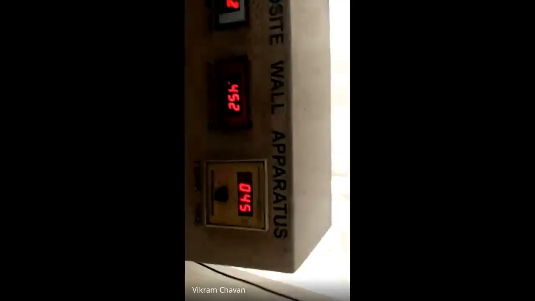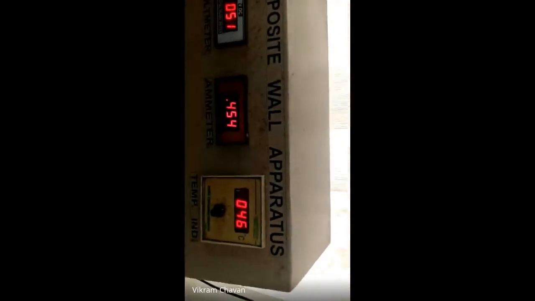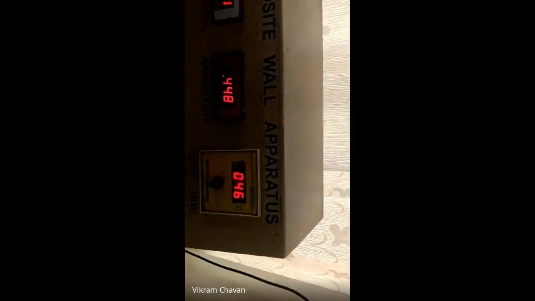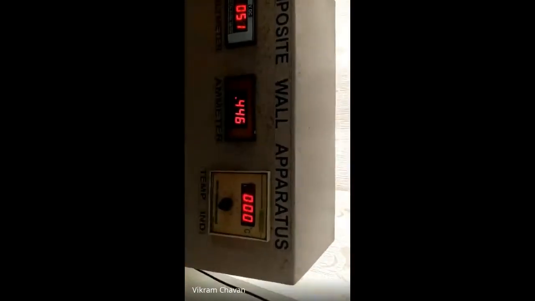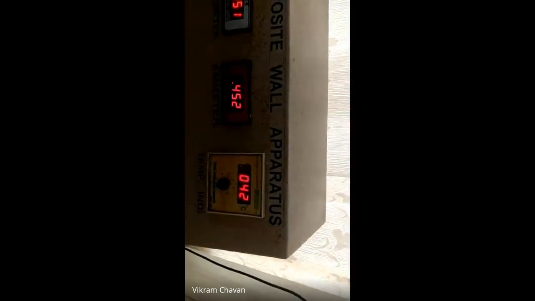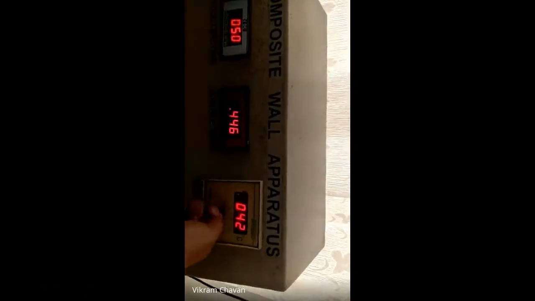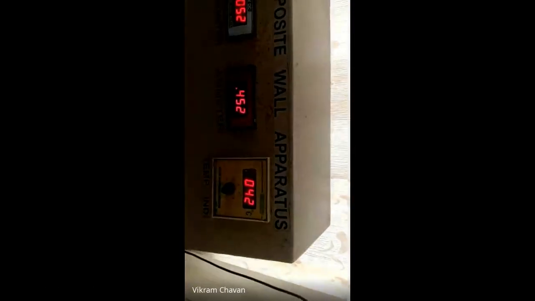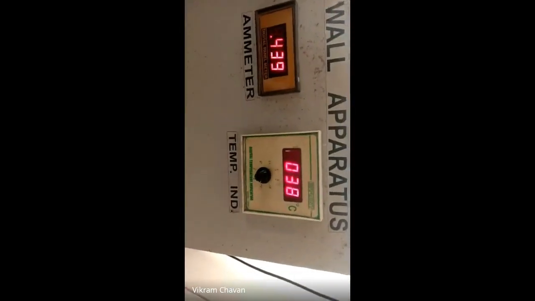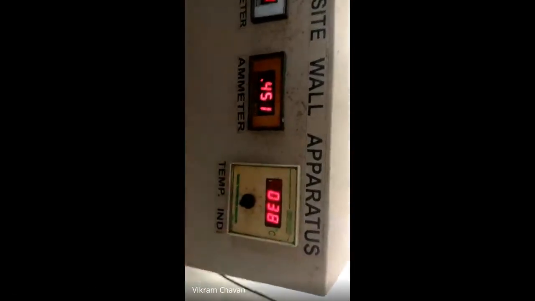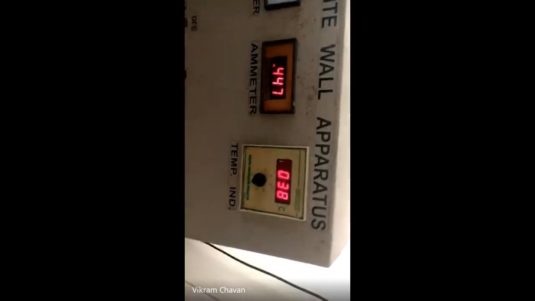Then T4 46. Then T5 42. Then T6 42. Then T7 38. And T8 also take 38.